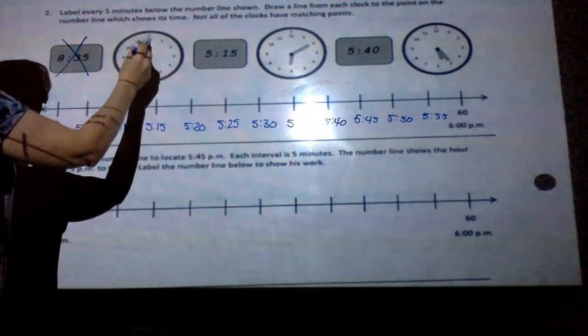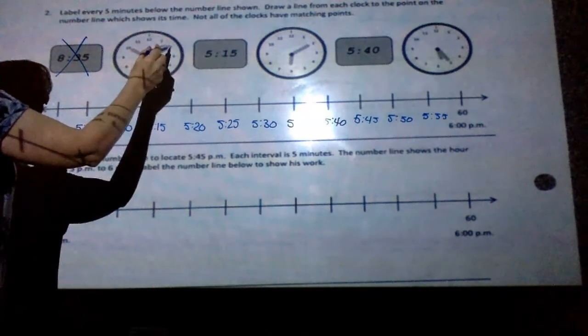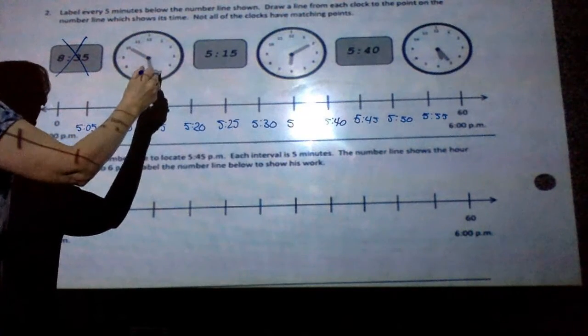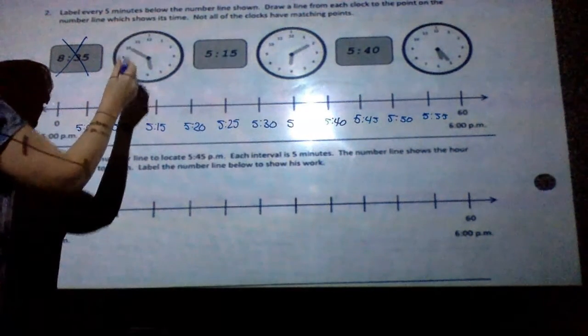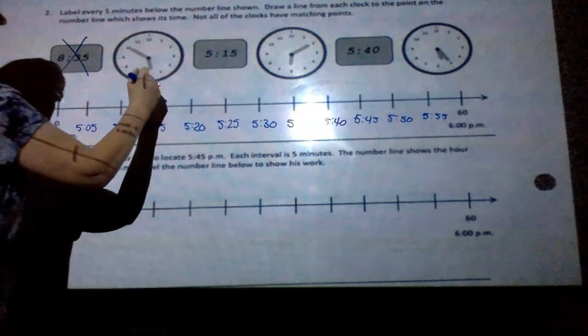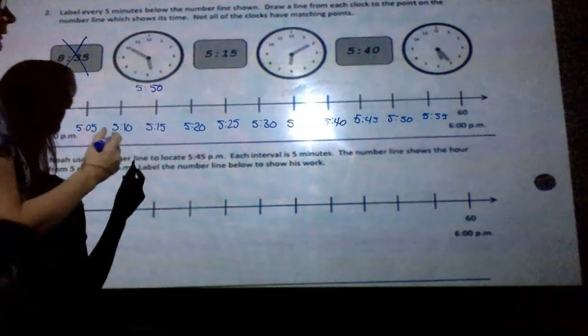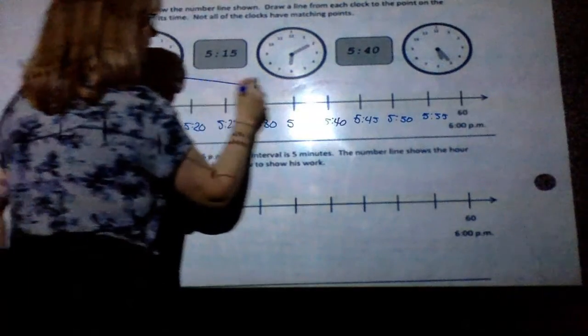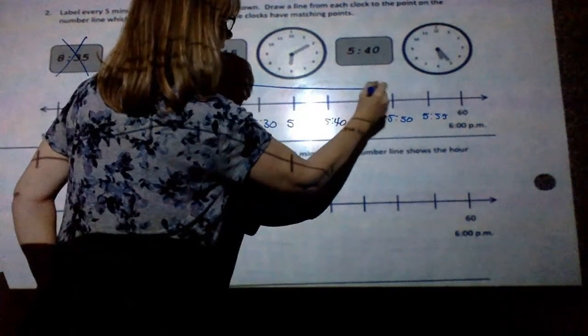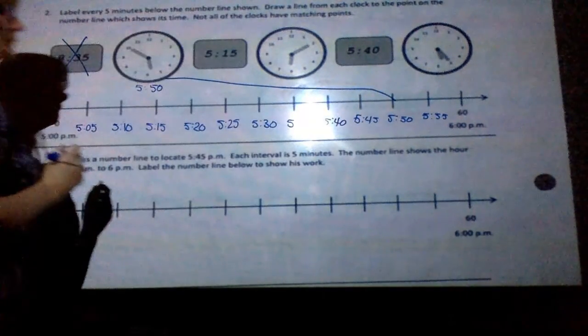That would be 5 o'clock and count. 5, 10, 15, 20, 25, 30, 35, 40, 45, 50. Since it's on the 10, it's 5:50. If we're going to draw a line, we got to draw a line all the way over here. 5:50.